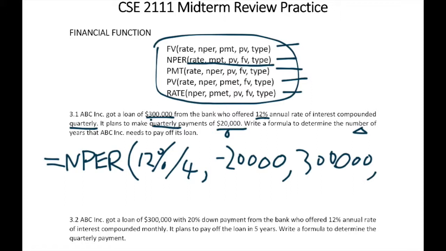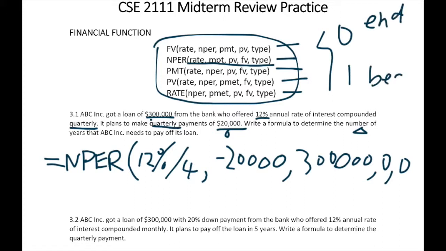Then the future value. It does not tell you what future value you want, so we assume that you want to pay all of it off at the end, so it'll be 0. And the type is 0, because 0 means the end of the period, and 1 means the beginning of the period.